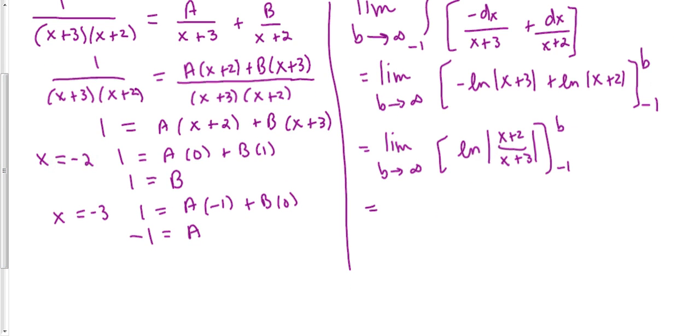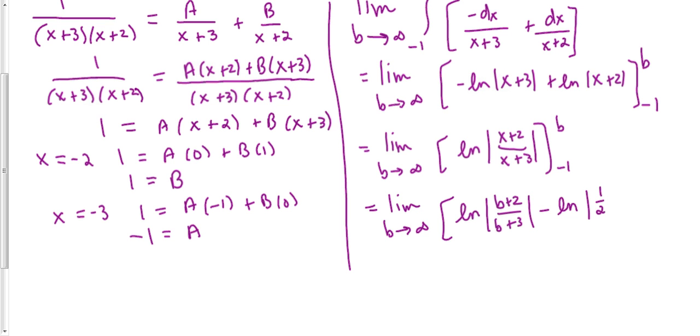And now I'm ready to substitute in for my limits of integration. So I'm going to have my limit as b goes to infinity of the natural log of b plus 2 over b plus 3 minus the natural log of 1 over 2.